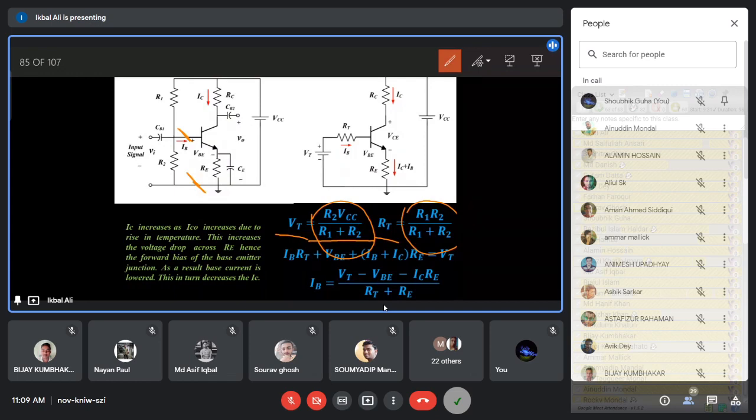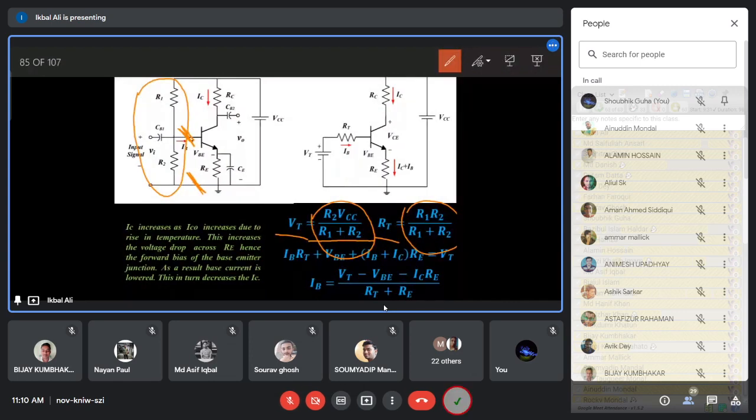So between these 2 points, the left hand portion of the circuit can have an equivalent circuit which has a Thevenin battery VT in series with the Thevenin resistance RT. That has been done in the second figure.